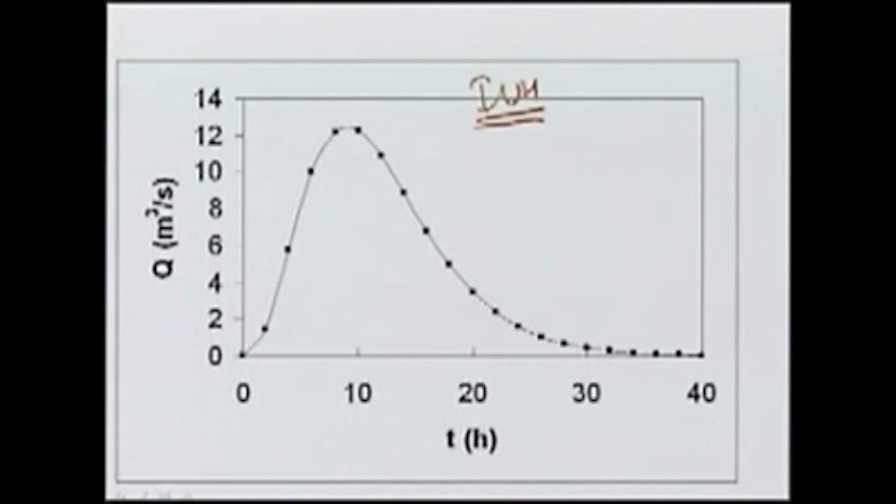Now, since the IUH represents instantaneous rain, if we take any time interval delta t, the average of these two ordinates will give us the ordinate of the unit hydrograph. Suppose this is 2 hours.